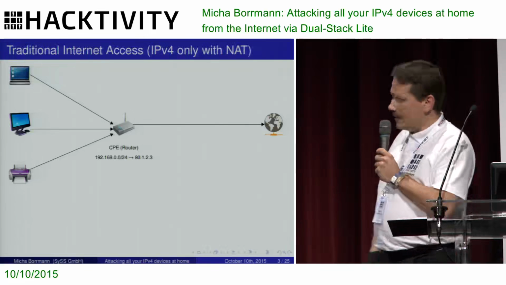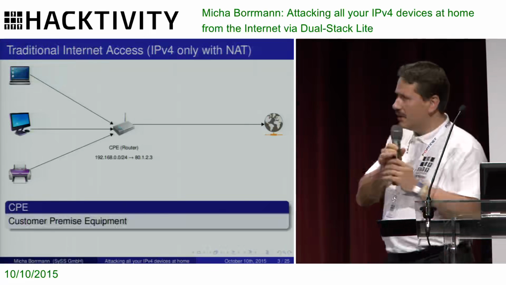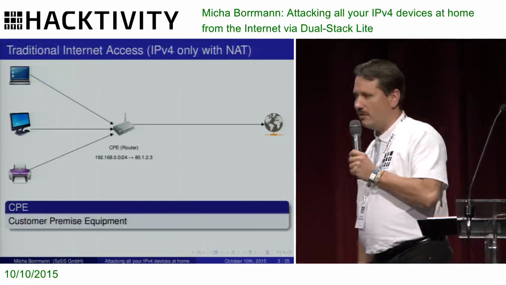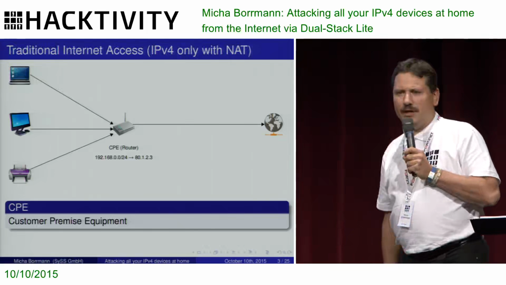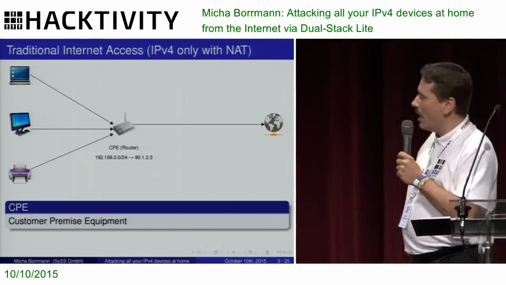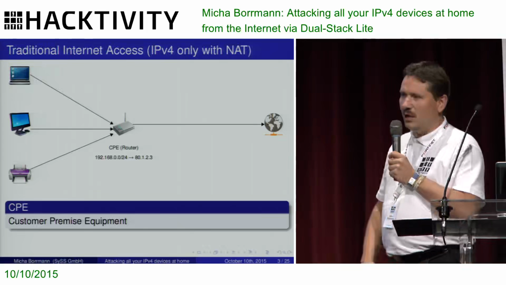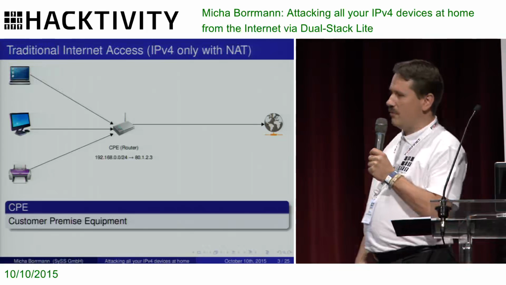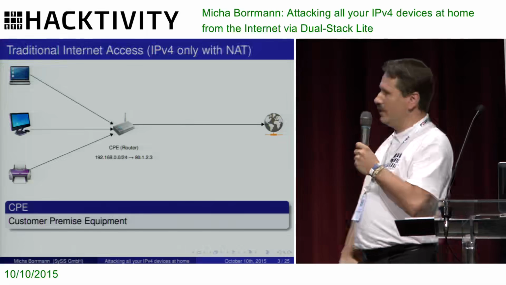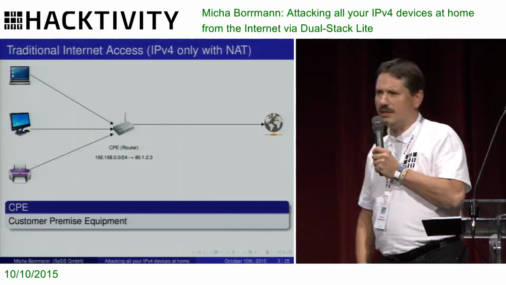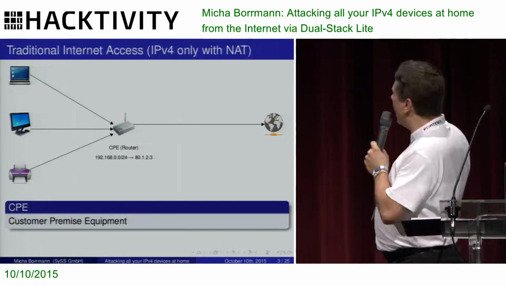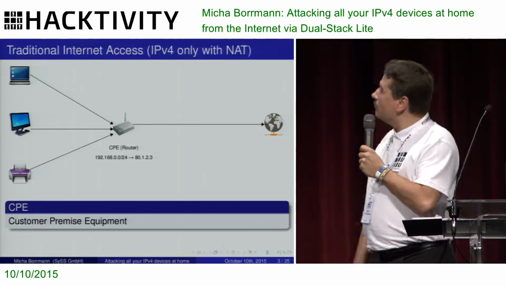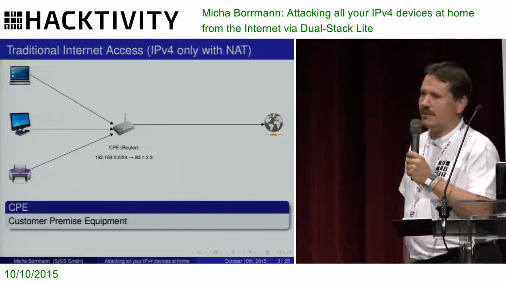But this router, the so-called customer premise equipment, CPE, has one public available IPv4 address, and there's a small home network where you usually have private IPv4 addresses, 192.168.0.0/24, for instance. And this router makes network address translation for you.